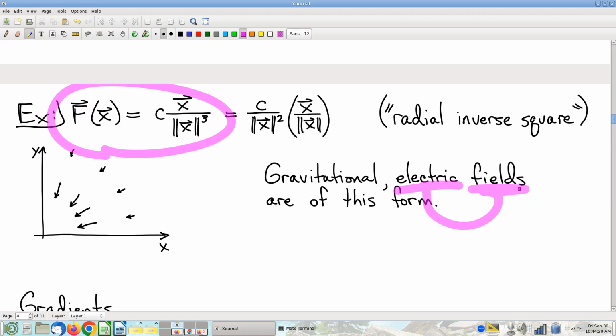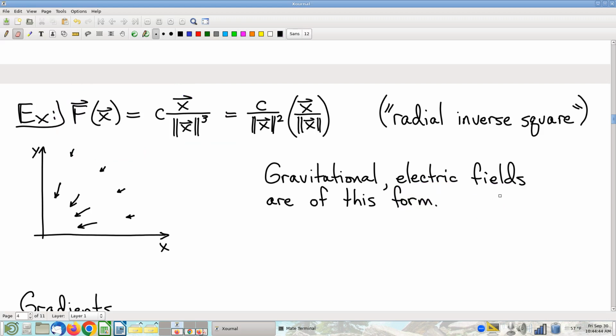So y'all have heard of gravitational fields in any science fiction movie you've ever watched, right? And you've heard of electric fields. Well, it's just literally representing what the forces are at whatever point you might happen to be looking at. So structurally or mathematically, we call these radial inverse square vector fields.